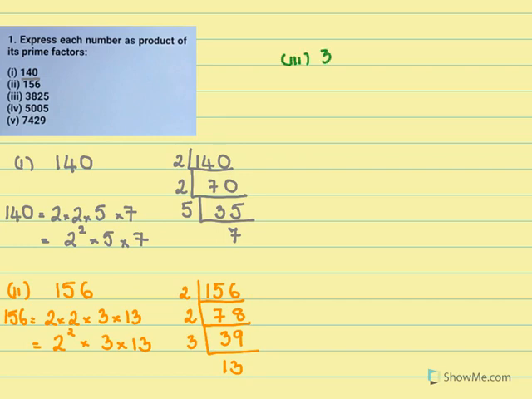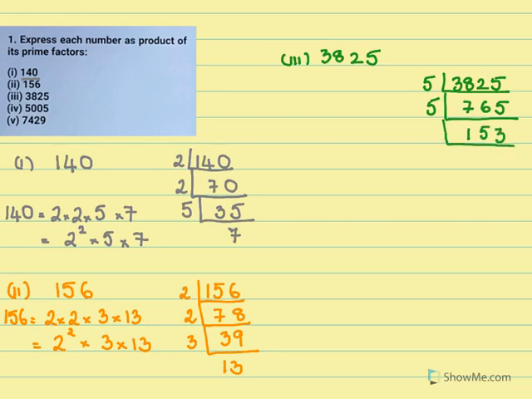For the third one, 3825. Let's start the short division. So we have 3825. First we'll divide by 5. It's obvious it's divisible by 5. So we'll get here 765. Again we divide by 5, and then we'll get 153. Now this will be divisible by 3.